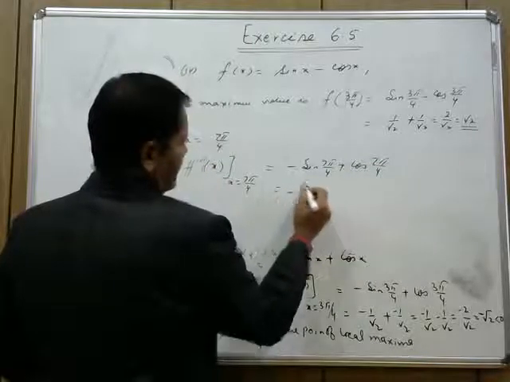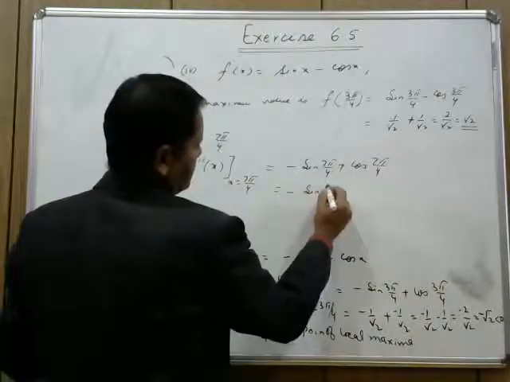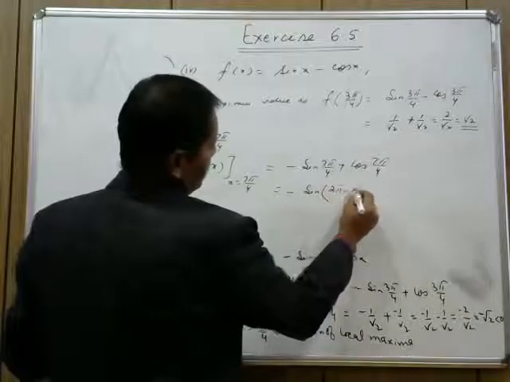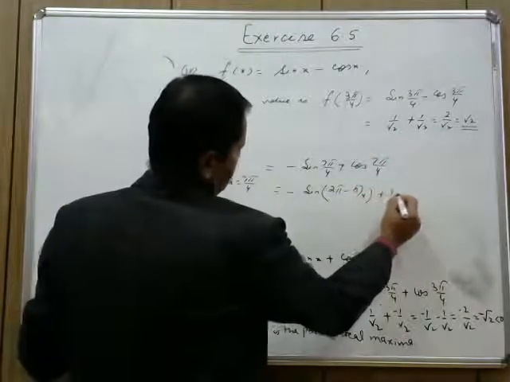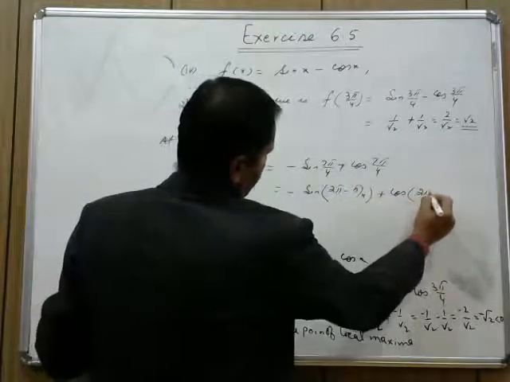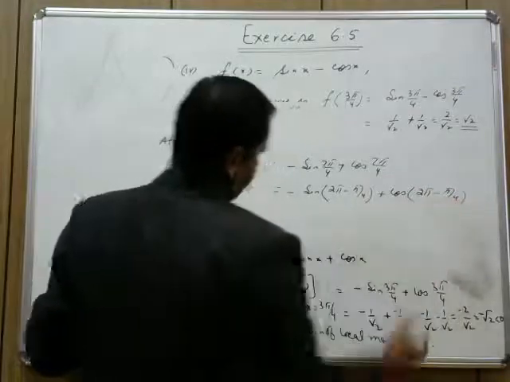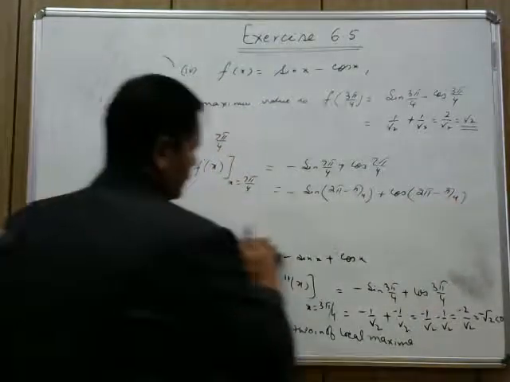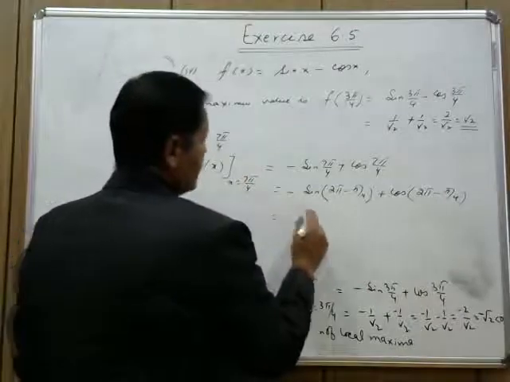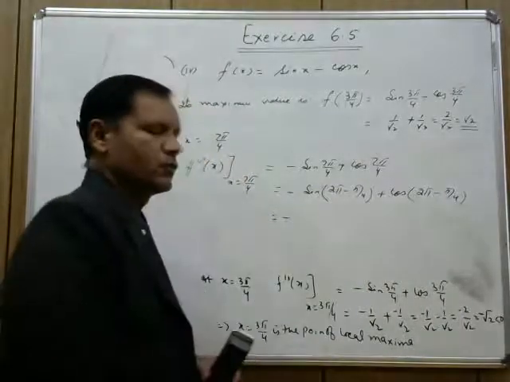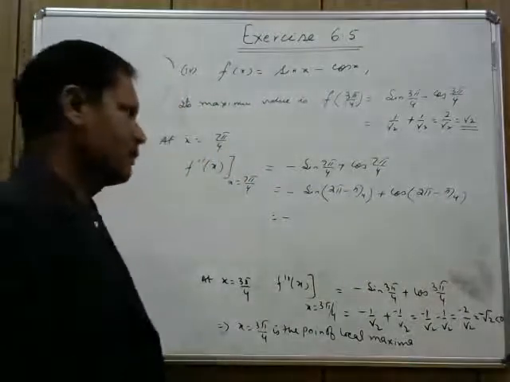So now tell me, minus sin 7 pi by 4, I can write minus sin 2 pi minus pi by 4 plus cos 2 pi minus pi by 4. Now, minus sin 2 pi minus pi by 4 remains sin only, sin pi by 4.